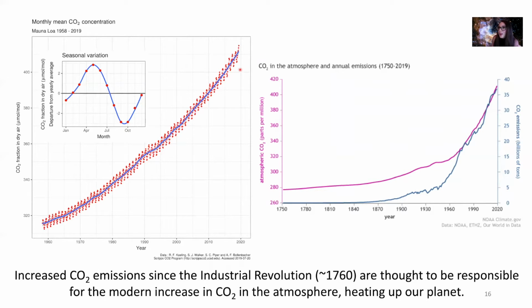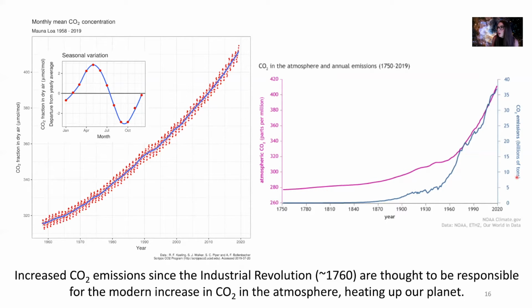And so this trend is probably related to the increased carbon dioxide emissions that we humans are pumping into the atmosphere. So here we have the atmospheric carbon dioxide parts per million. That's like a fraction per million of carbon dioxide in the atmosphere on this axis, with the pink graph.